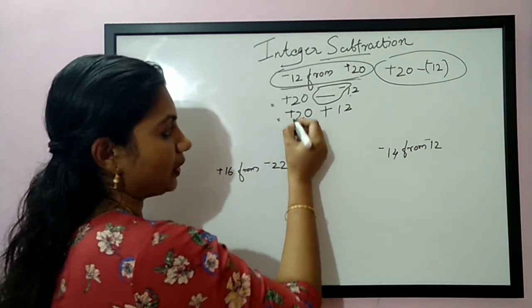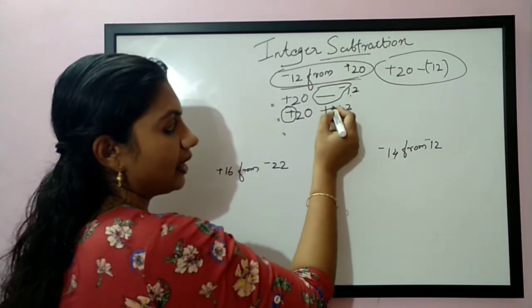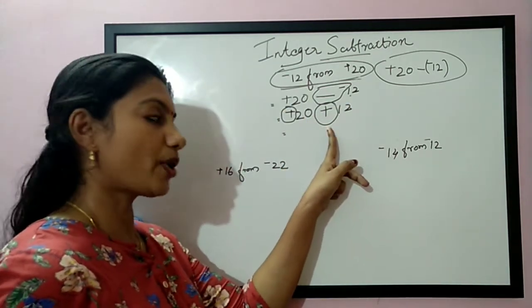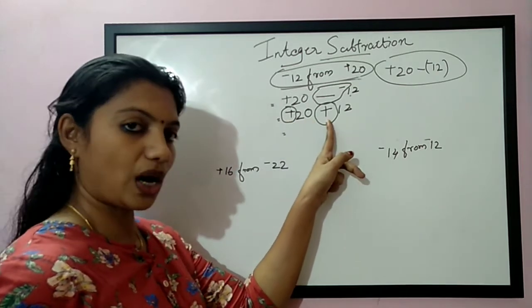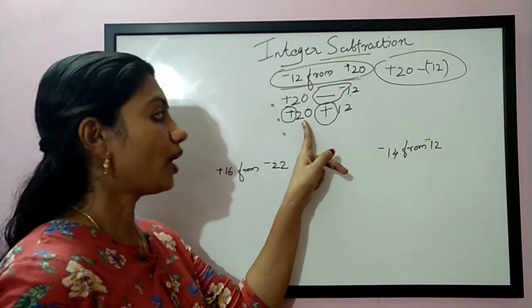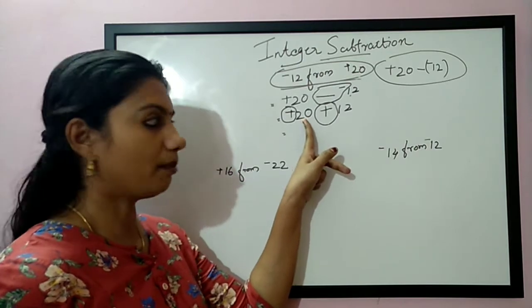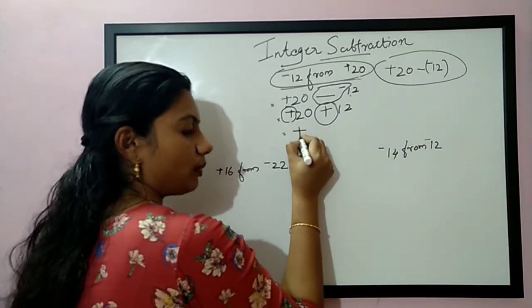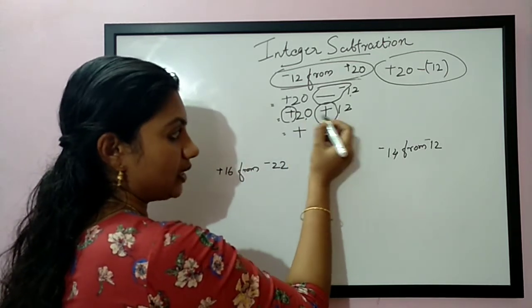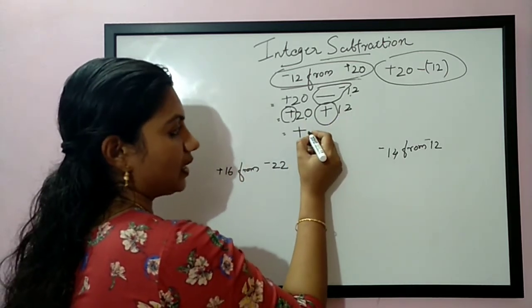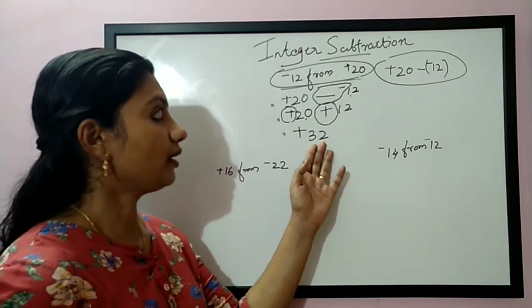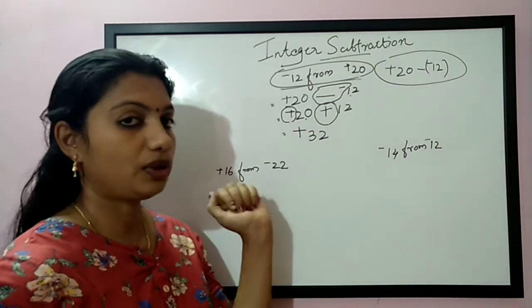Now I will be looking at this symbol, and what is the symbol here? So these two are positive. When these two are positive, what am I going to do? I will be adding these two numbers and giving the symbol. The symbol is going to be positive. 20 plus 12 is 32. So you may be thinking, okay, it's a subtraction here, why did we add this?